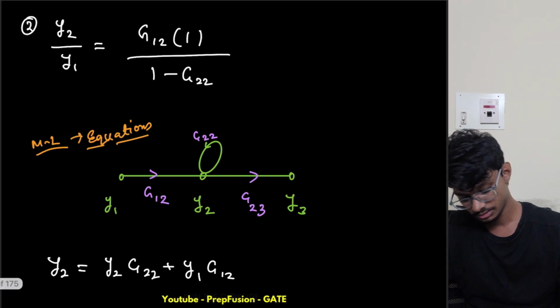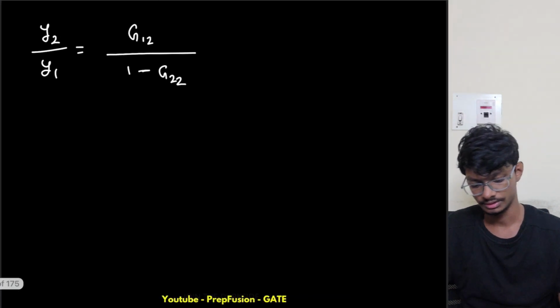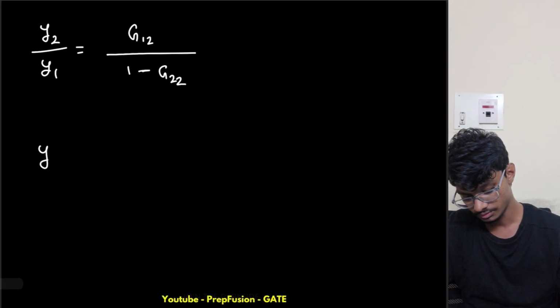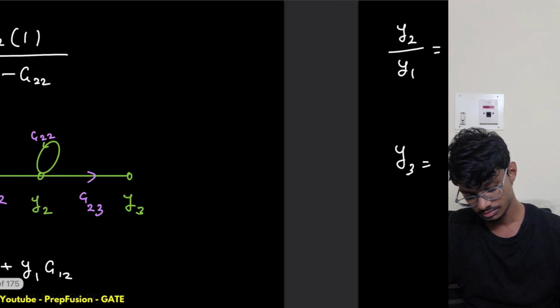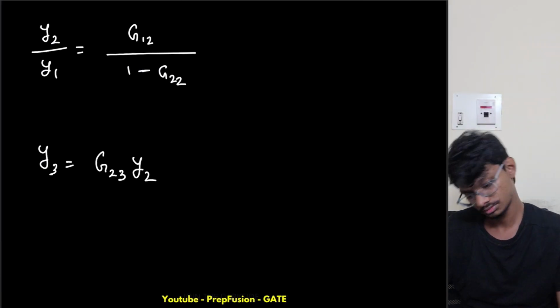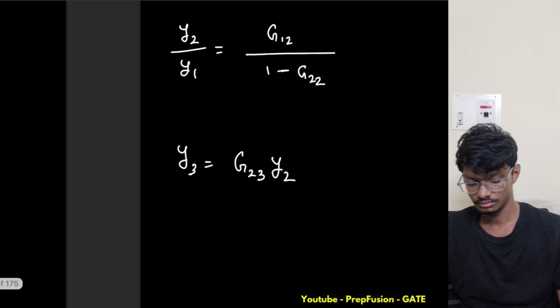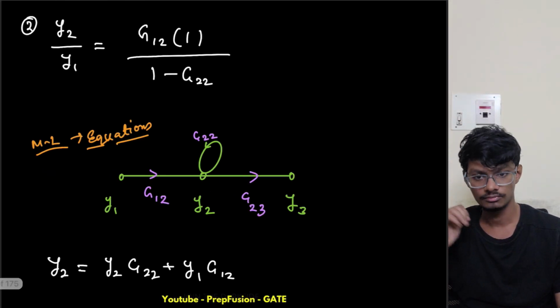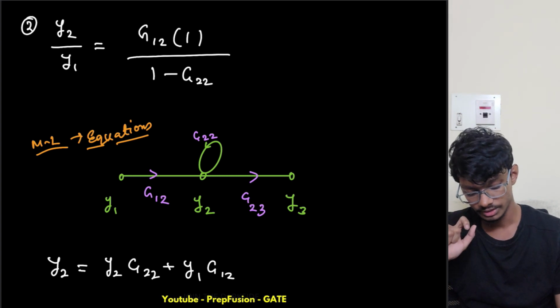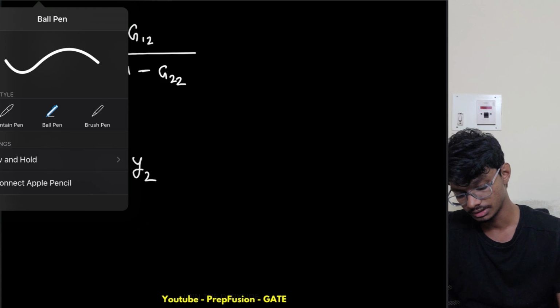So what I will do is again write y3 in terms of y2 and replace y2 with y1. So what is y3 equal to? y3 equals g23 times y2. What is y2 equal to? y2 equals this one, so I will replace y2 with this one in terms of y1.